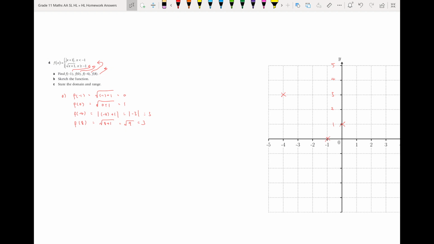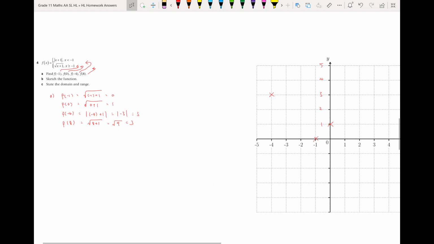So for the square root of x plus 1, so I'm looking at the lower piece. Let's do the other piece here. Let's do this piece. Okay. So I know that this piece is going to look like a V shape, but there's a plus 1, so that means it's going to be shifted 1 unit to the left. So it should look like this, right?